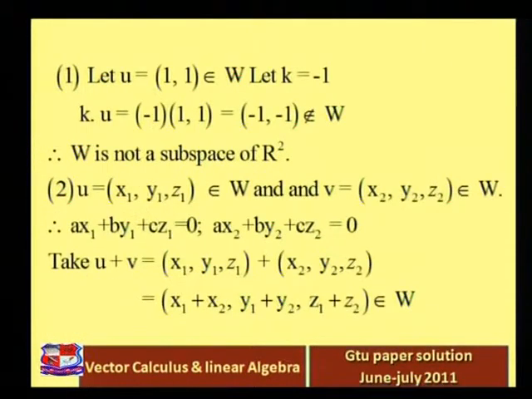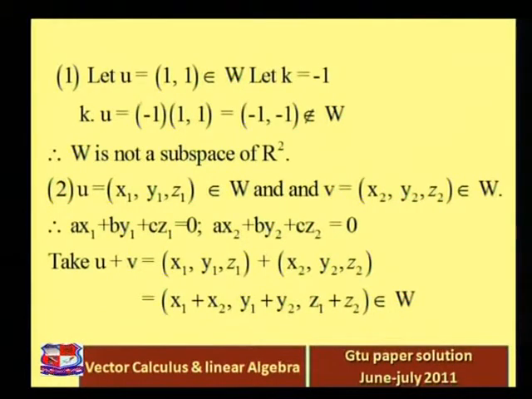In the first case, u equal to (1, 1) belongs to W, because both coordinates are greater than or equal to 0. Let's try to check the second condition for the subspace. Let k equal to -1 and u equal to (1, 1). So -1 into (1, 1) is equal to (-1, -1).